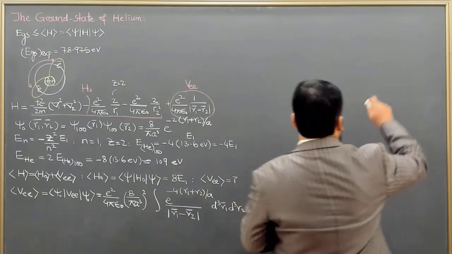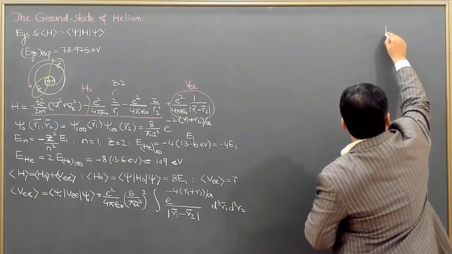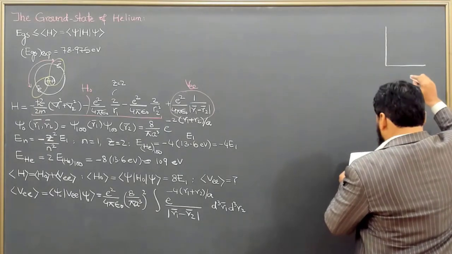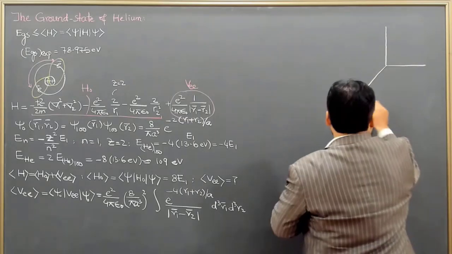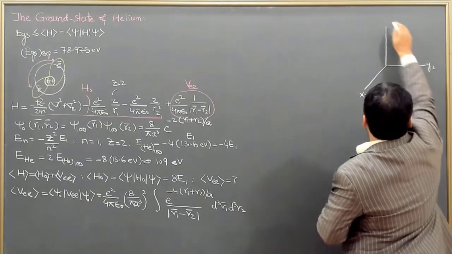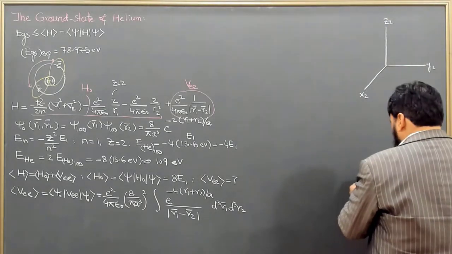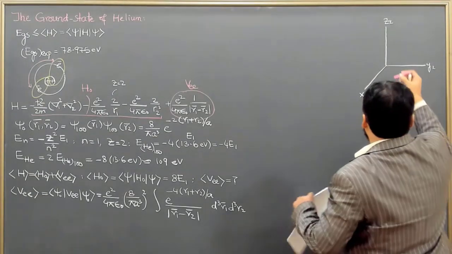So the orientation of the figure will be something like this: we have here x2, y2 and z2, and then we orient r1.